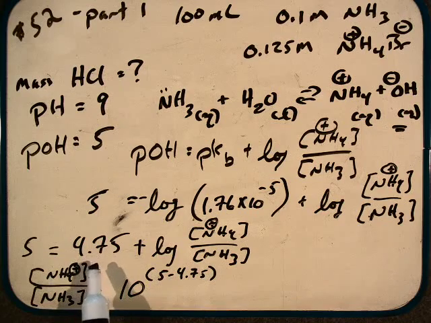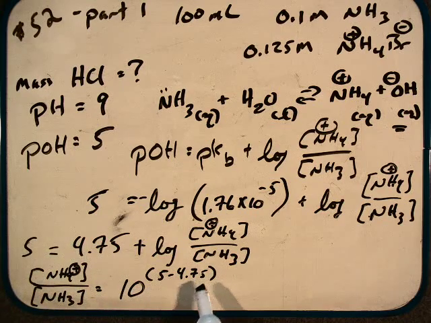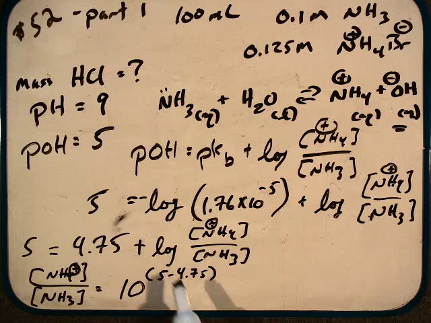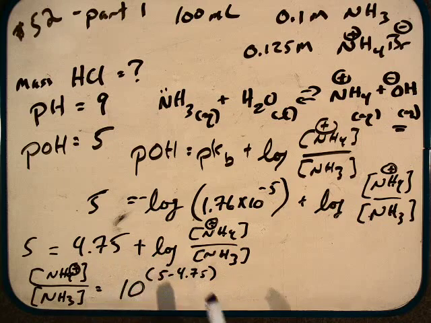So I took the 4.75 over to the other side. That's where the 5 minus 4.75 comes from. And then I got rid of the logarithm by taking base 10. And so that's where we're at right now.